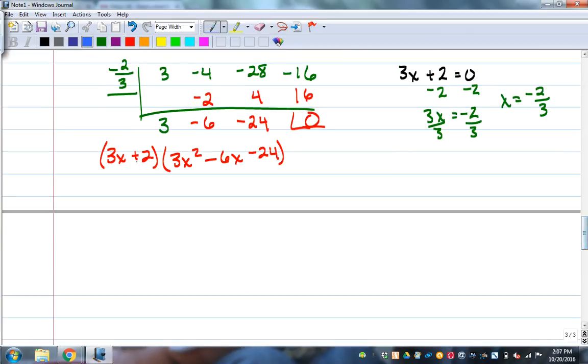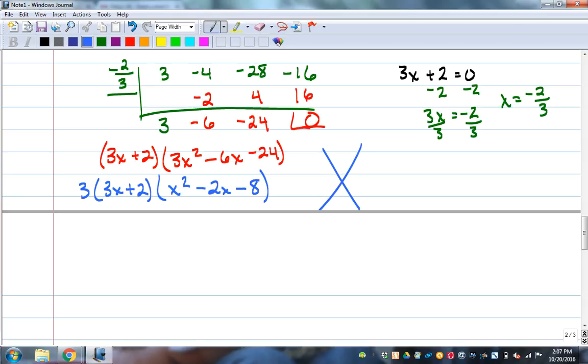Now I've still got the 3x plus 2, and then I've got this trinomial x squared minus 2x minus 8. This 3 that I put out here in the front came from that trinomial. I'm just putting it in front because that's the accepted way of doing it in math class. Just put your GCF out in front of all your parentheses.